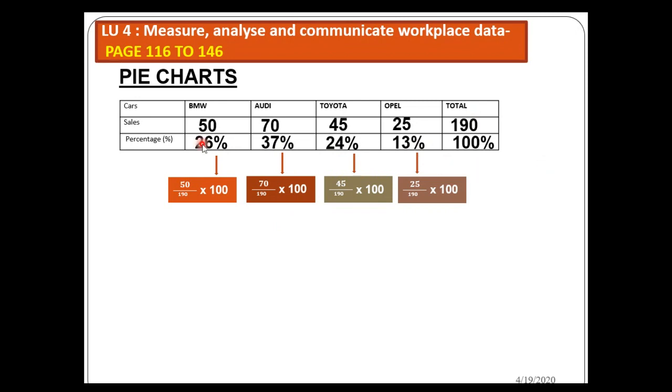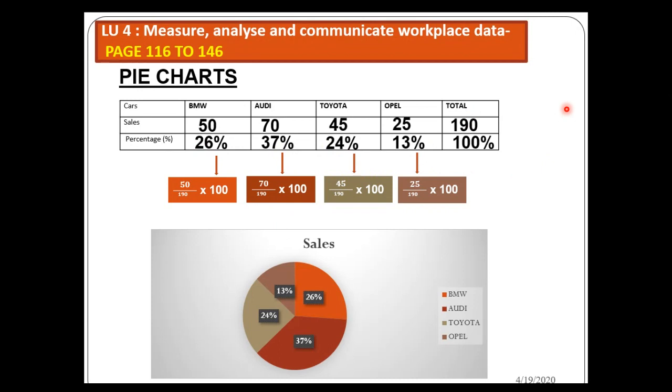So again, this will help us to plot the information on the pie chart. The pie chart will look as follows. Can you see now? Each and every percentage here is represented by a section of that pie chart. It's like a pie. So can you see 26%, and we've got 37%, we've got 24%, we've got 13%.